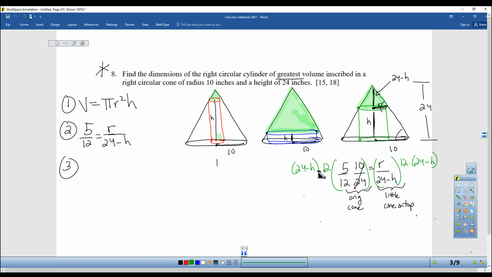I'm a big proponent of clearing fractions. This goes away. And on this side, I get 5 times 24 minus h. And on this side, this cancels, and I get 12r. I divide both sides by 5. 24 minus h is equal to 12 over 5 r.